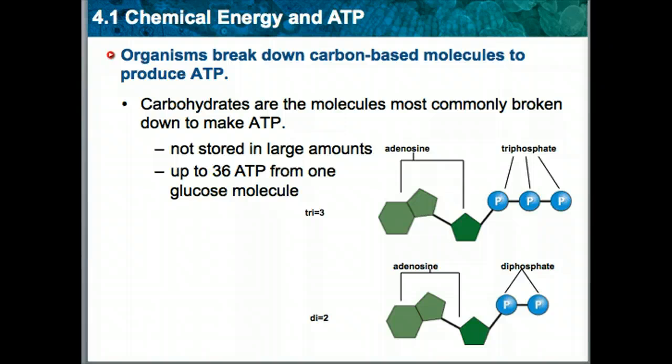So organisms break down carbon-based molecules to produce ATP. Carbohydrates are molecules that are commonly broken down to make ATP. Carbs aren't really stored in large amounts, and up to 36 ATP can be made from one glucose molecule.